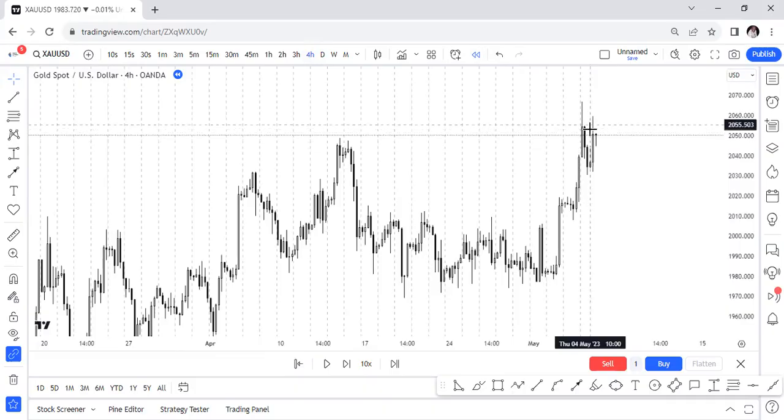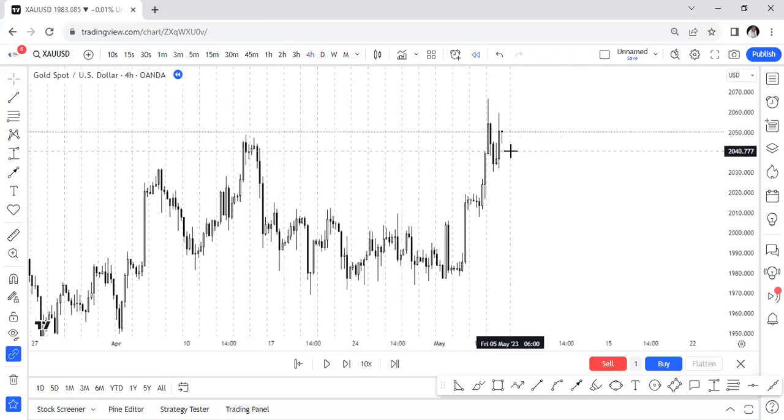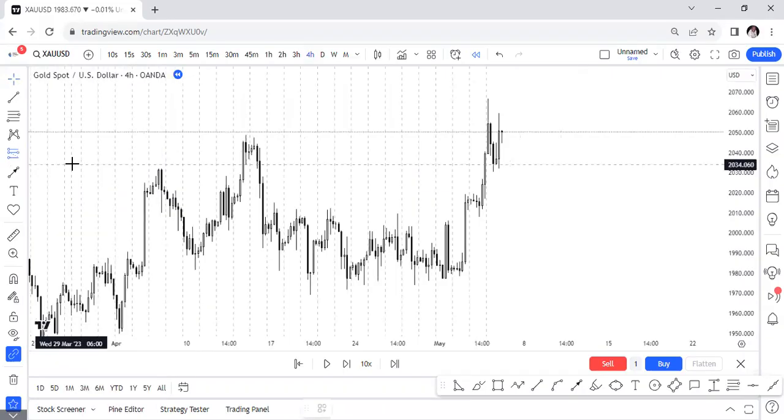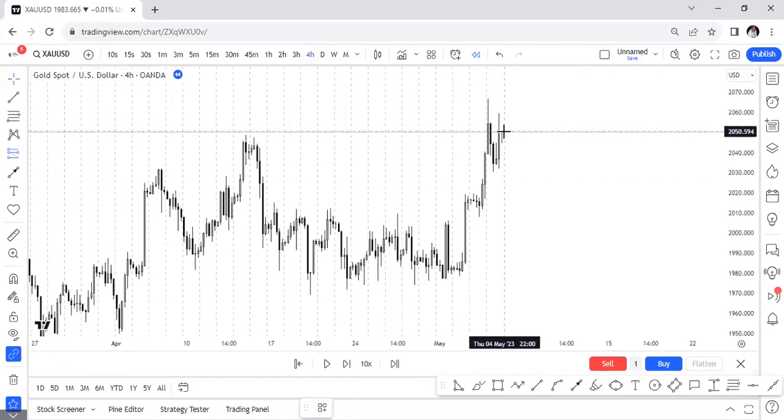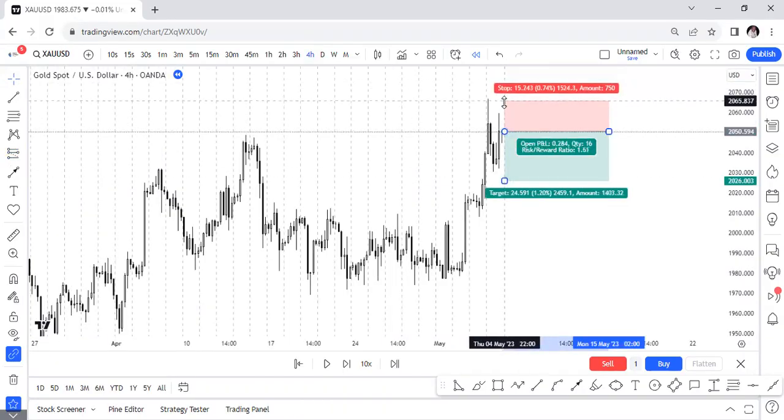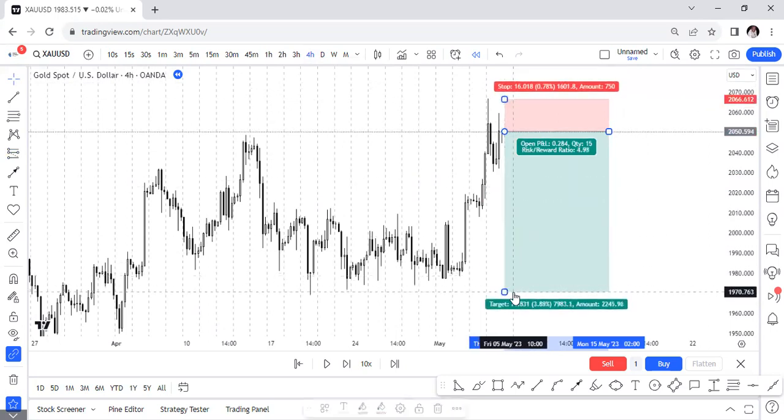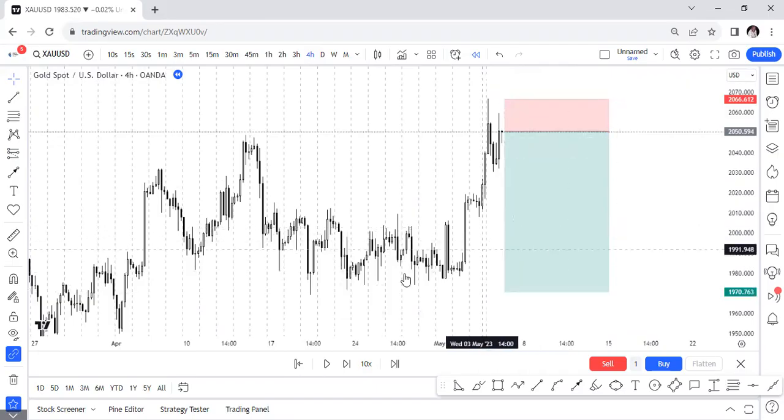Price comes back to test the upper level, and with this you can imagine the huge profit in there. If you are aggressive enough, you have taken much in there.